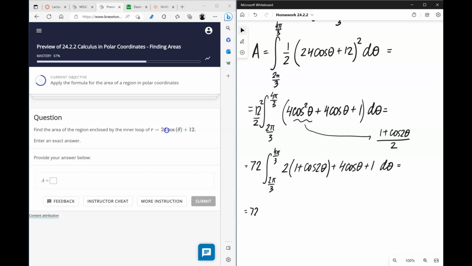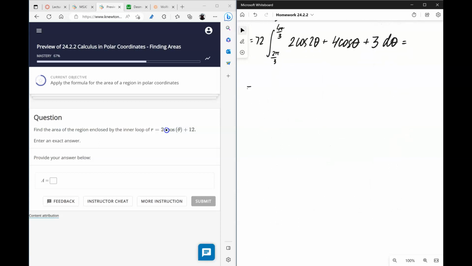Now simplify real quick. We have 2 cosine 2 theta plus 4 cosine theta, plus 1 plus another 2, so plus 3 d theta.